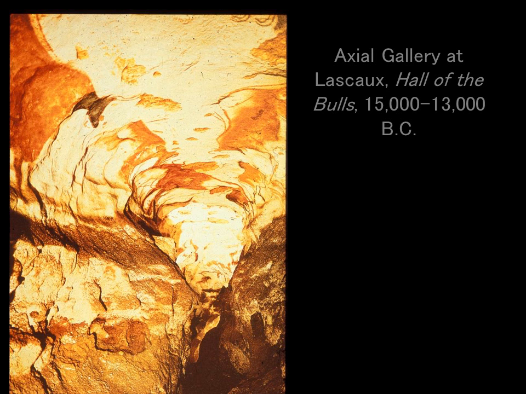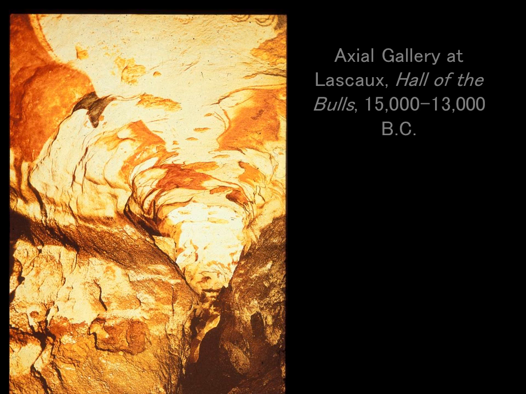If you look at the caves at Lascaux, and I feel obliged to show you this most famous part of Lascaux, which shows the Hall of the Bulls. These are enormous, enormous images of bulls. I think they're about 5 meters long, so over 15 feet each bull here.